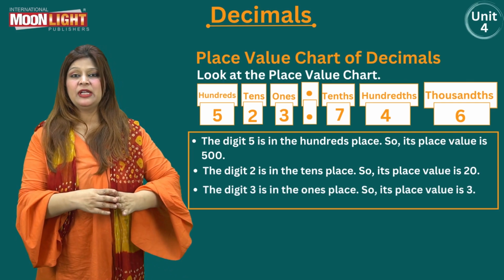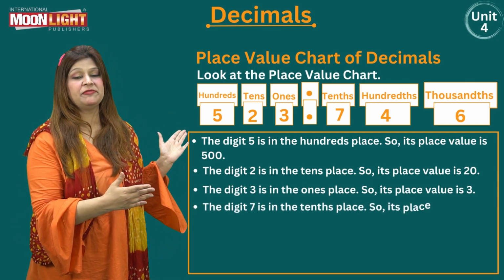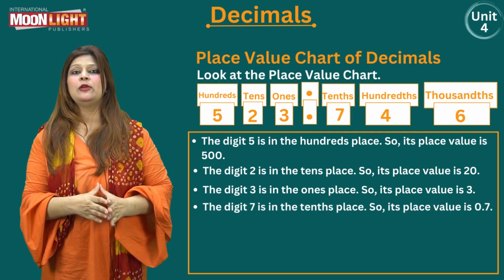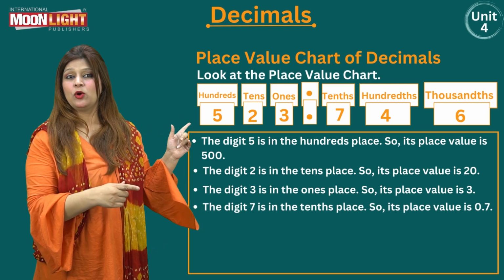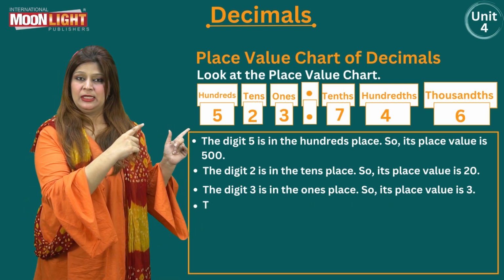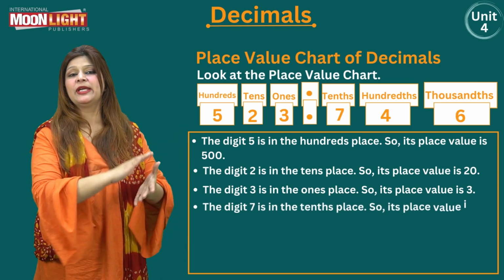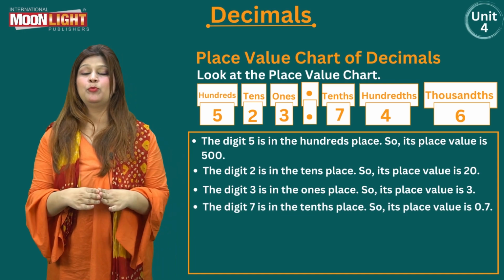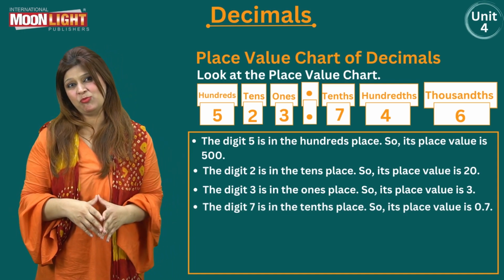Now concentrate on the digit 7. The digit 7 is in the tenths place. So its place value is, yes, put the 0 before the decimal point, and then you can say 0.7, because here the decimal point position is important.